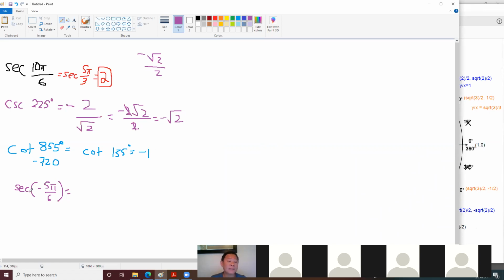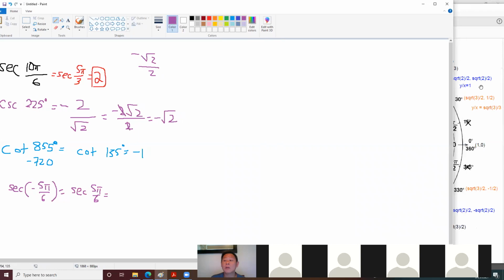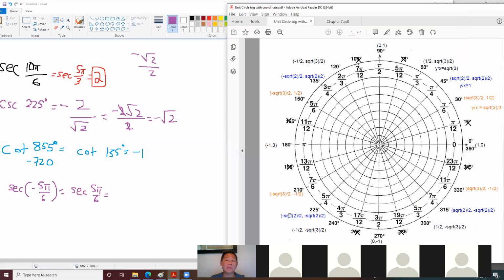So if you want to find secant of negative 5 pi over 6, this is the same thing as secant 5 pi over 6, because cosine is an even function, which means the negative will disappear. So now looking at this, where is secant 5 pi over 6? And don't forget it's secant, so you look at the reciprocal of it.